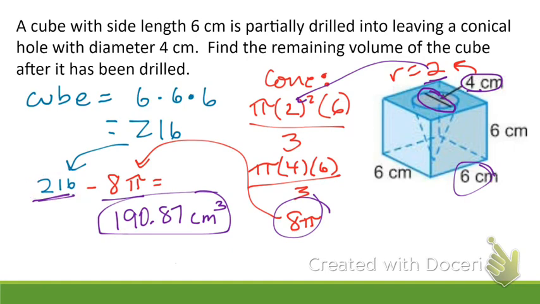You'd have to convert 8 pi into a decimal. So technically 8 pi, if I were to convert that into a decimal, it's 25.13, around there. Okay, and that's how we get the answer of 190.87 centimeters cubed.